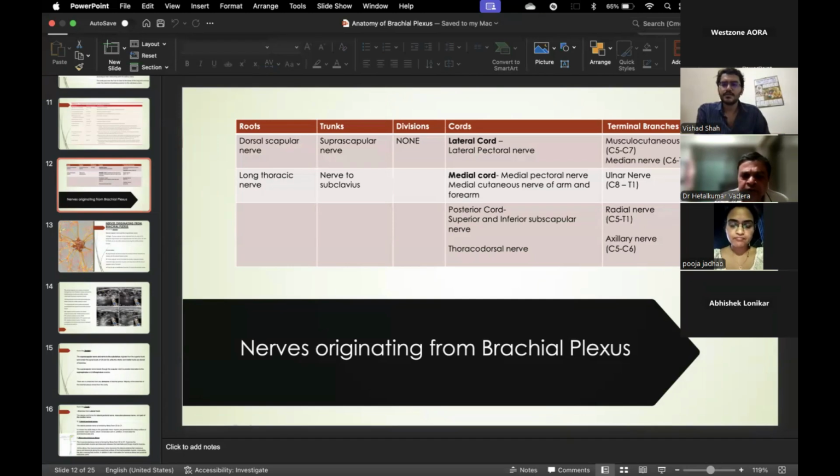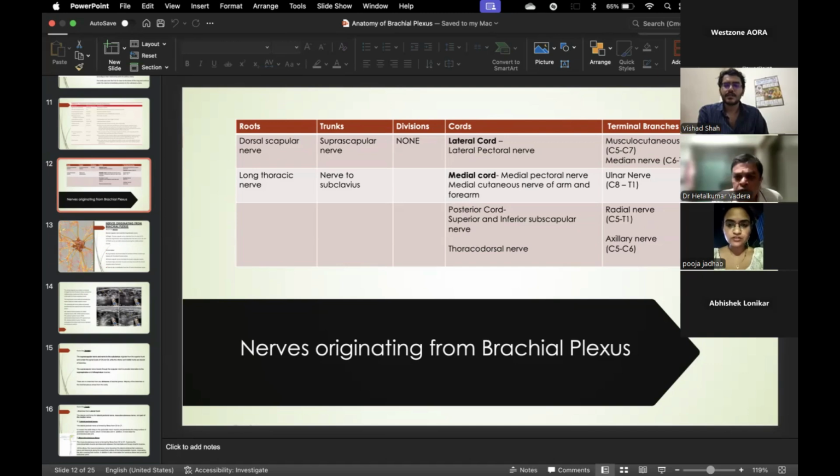So which approach has the highest chance of pneumothorax? Which brachial plexus block has the highest chance of pneumothorax? Is it interscalene, supraclavicular, costoclavicular, or lateral infraclavicular?